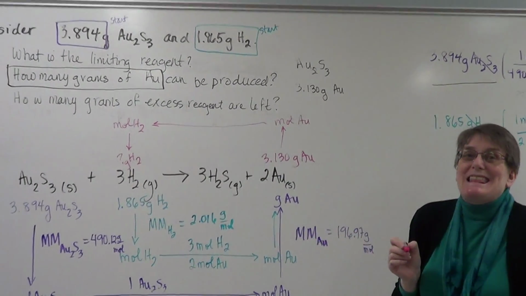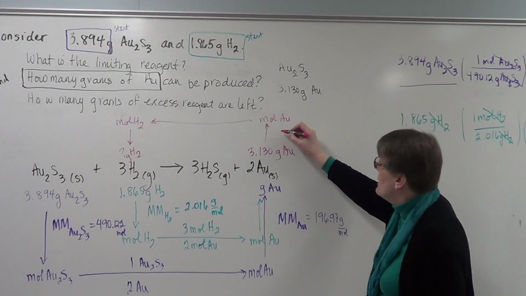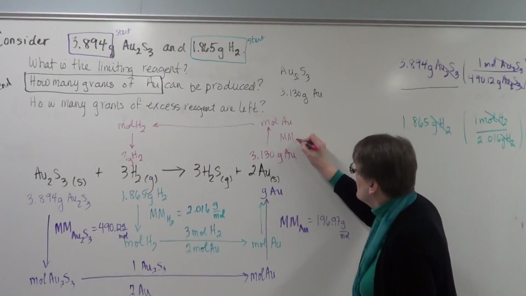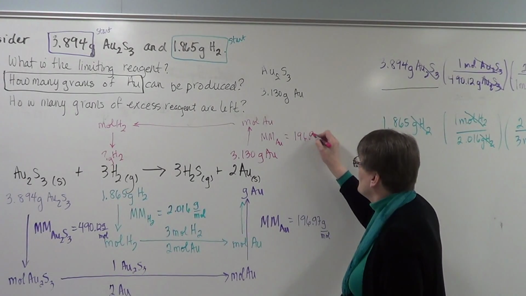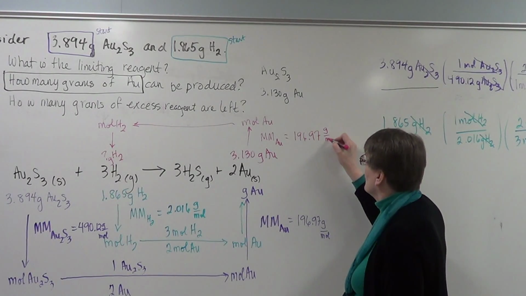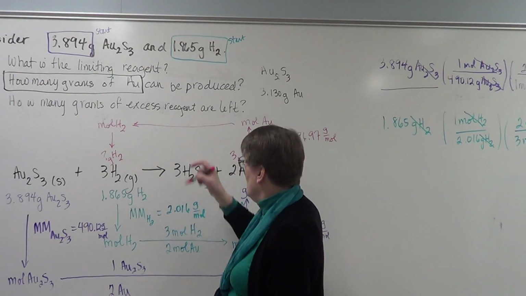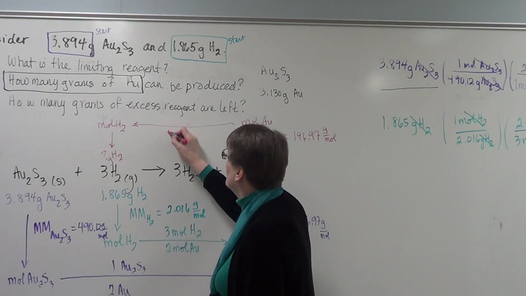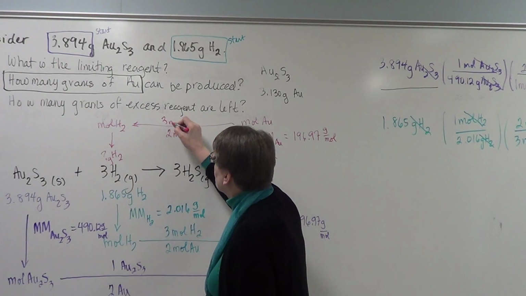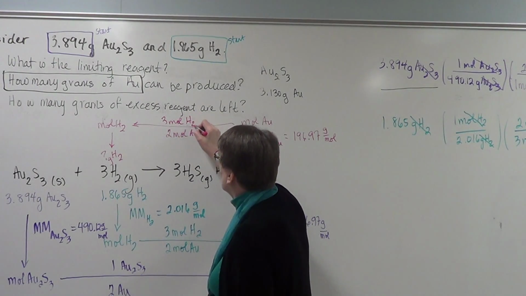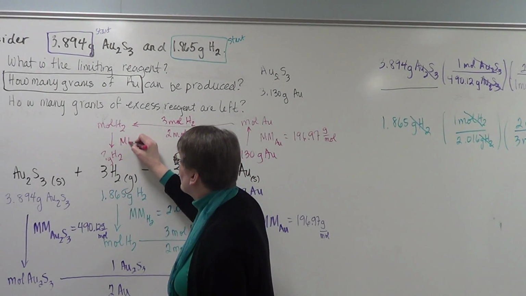Now I don't have to look anything up in this case because I've already calculated all these conversion factors. The molar mass for gold is right here. The mole to mole conversion is in the reaction, or right here. And the molar mass of hydrogen we calculated earlier.